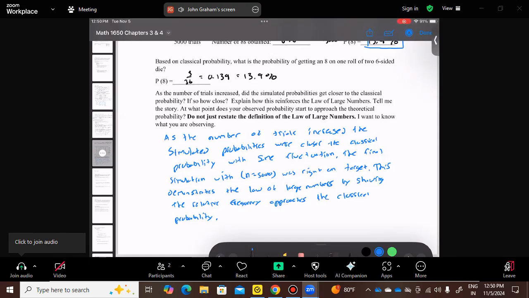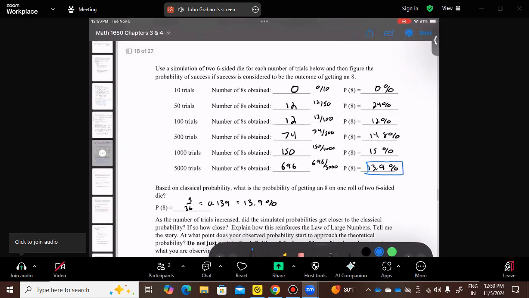So, something like 500 and 1,000 rolls, maybe a little bit farther off. We got kind of lucky at the 100 trial because it's probably closer. Actually, when we look at the difference, this is below 1.8%. This is above maybe 1%.